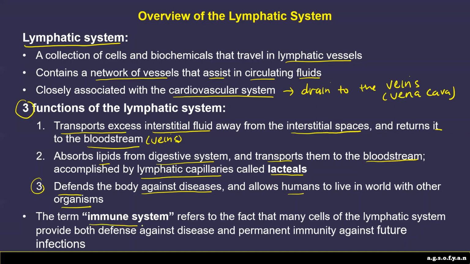The term immune system refers to the fact that many cells of the lymphatic system provide both defense against disease and also give permanent immunity against future infections. So sometimes the lymphatic system is also known as the immune system because it has the ability to provide immunity against future infection.